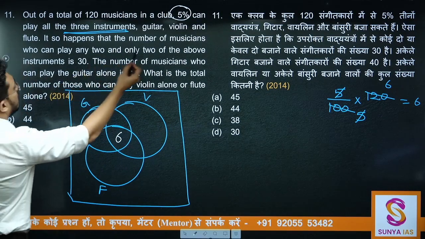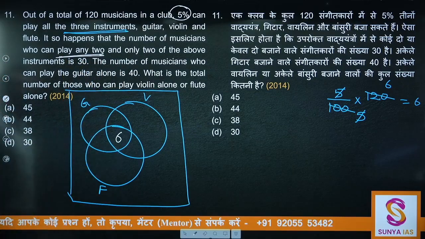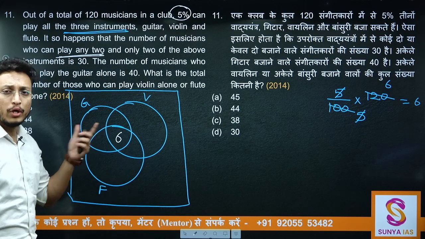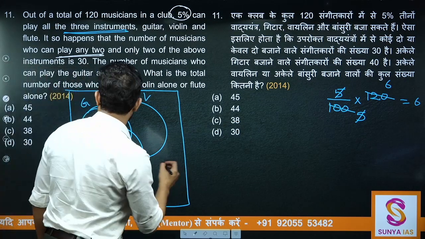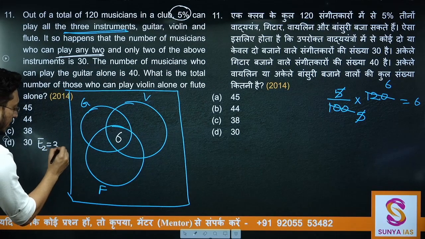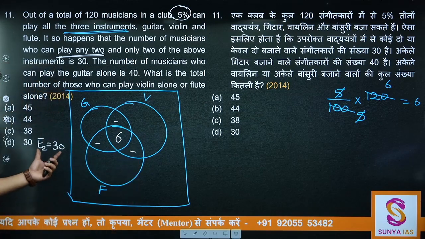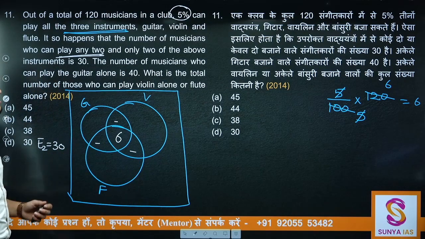It so happens that the number of musicians who can play any two and only two of the above instruments is 30. That means they are talking about E2, and this E2 is 30 here. That means this and this data combined is equal to 30.